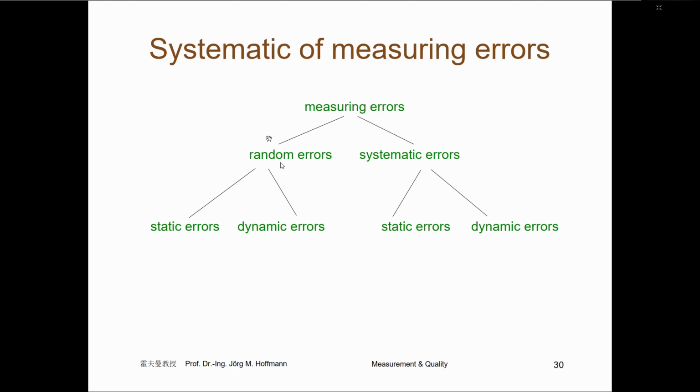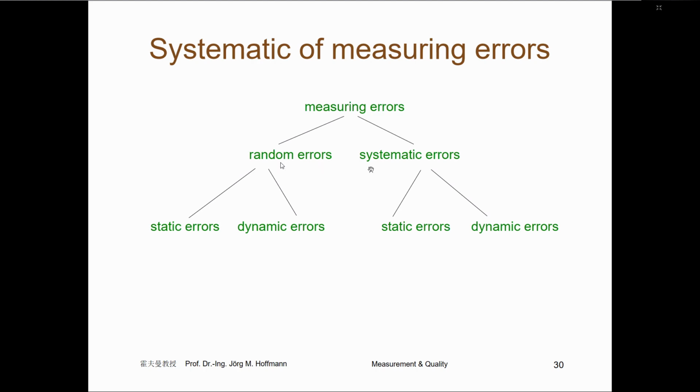We will later see the definitions. The random errors come unexpected. You don't know when, you don't know the amplitude, you don't know the sign. When one of these parameters is not known, then it is a random error.